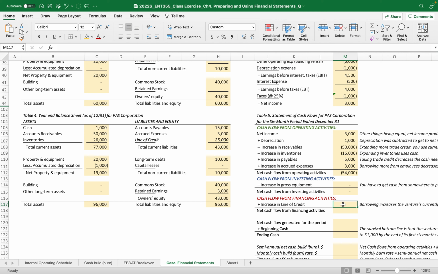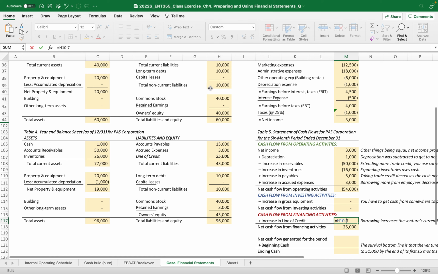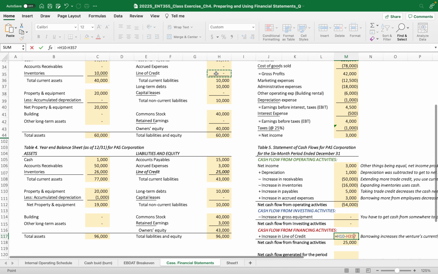And the increase in a line of credit, right? When the founder used the credit card line of credit, this $25,000 now gets into the company, and then $25,000 is positive, right?